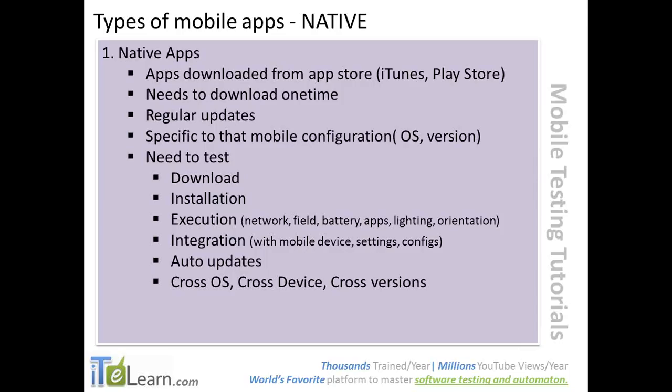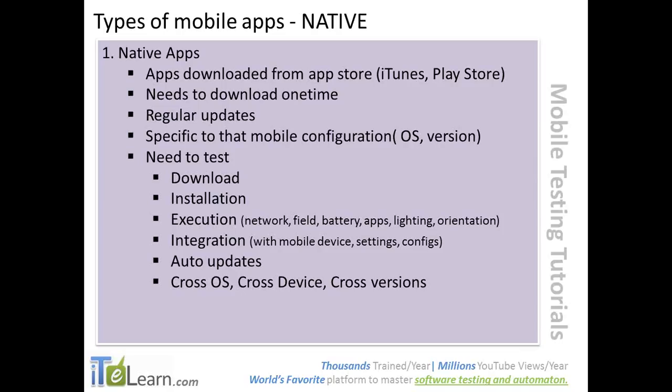Okay, so these are the applications that need to be downloaded one time, and then they can go through regular updates as the application owner, or the company which owns that application, releases new patches or updates to that performance. Okay, but most importantly, your testing is also specific to mobile configuration, because an app that is created for Apple iOS is different from an app that is created for an Android OS on the Play Store.